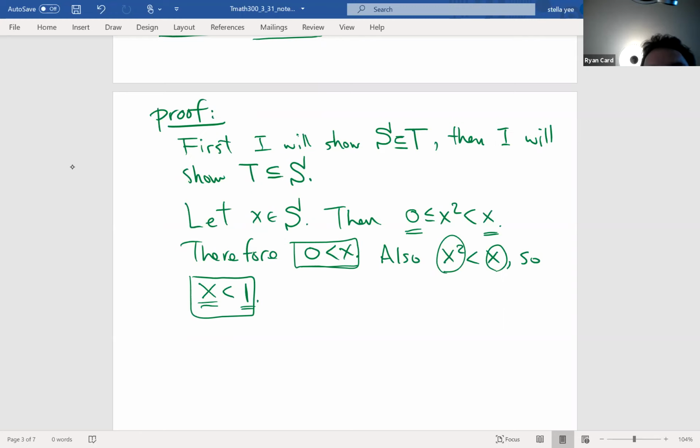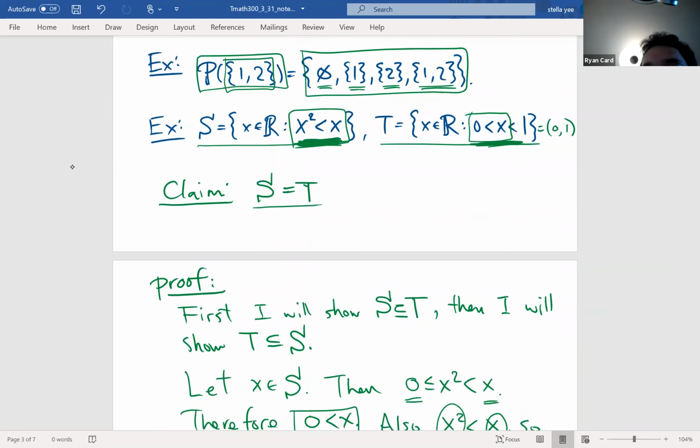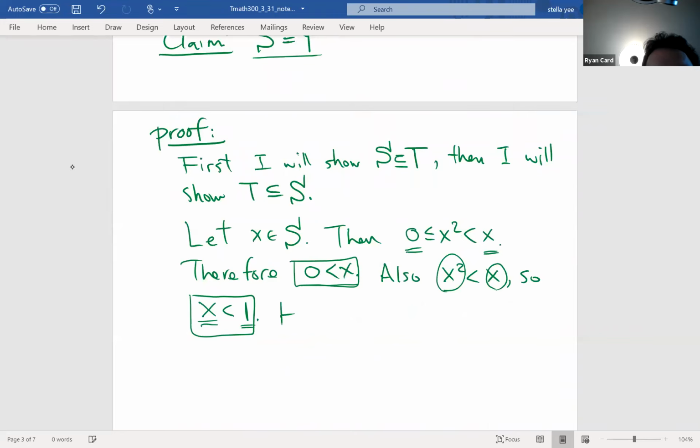So those two things combined show that 0 is less than x and x is less than 1. So x belongs to T as well.